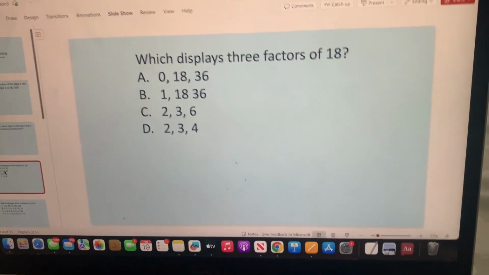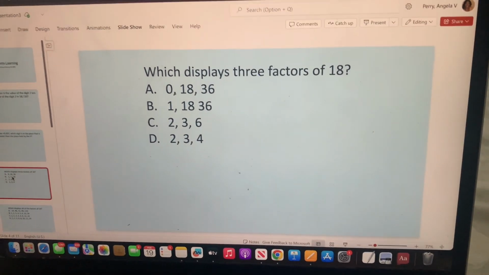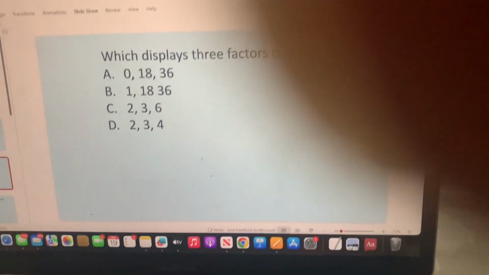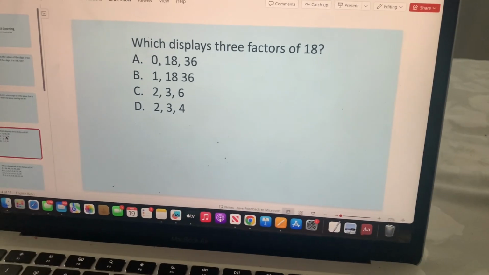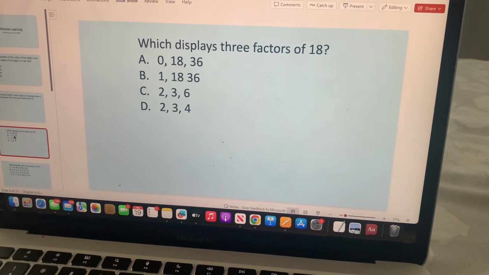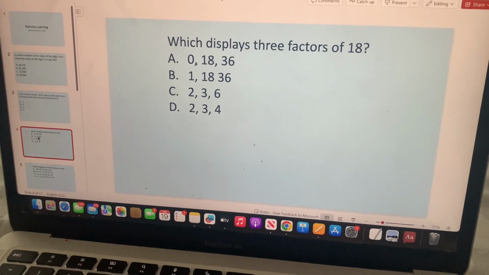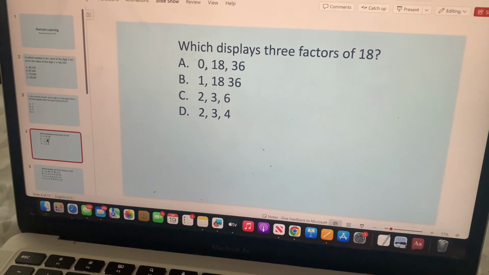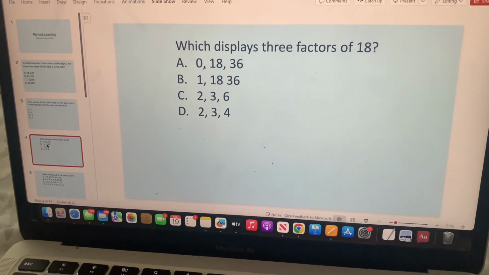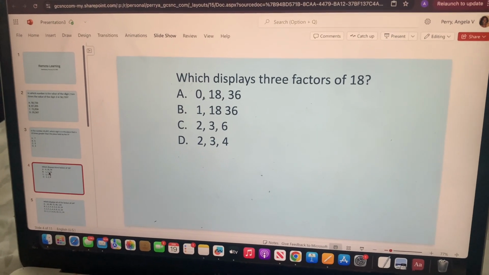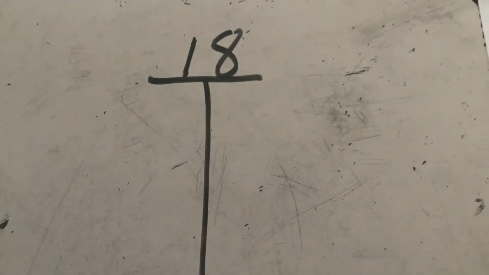Now, it says, which displays 3 factors of 18? Well, when we do factors, we do our T-chart. And so if our number is 9 or larger, we stop at 9. So I have my T-chart with my 18.